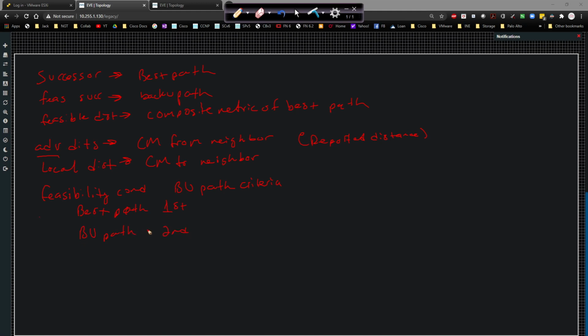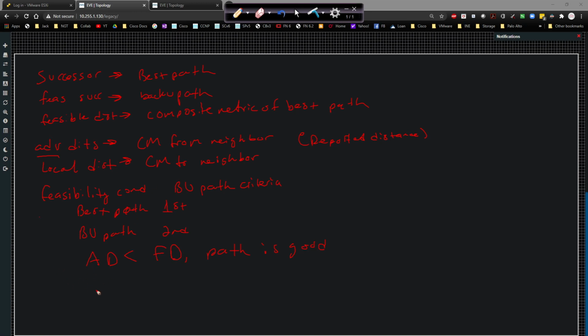Now, the way that it does this is, if the advertised distance is less than your feasible distance, your path is good, meaning that you're loop free, and you're a viable backup. In other words, if your metric is lower than mine, you are closer to the destination and loop free.